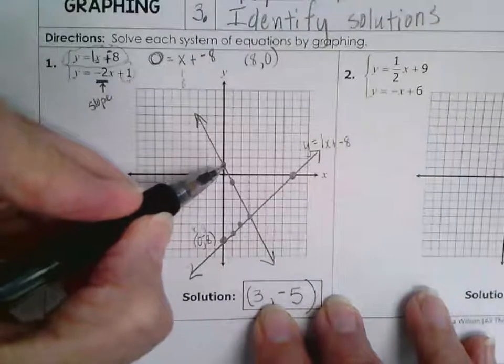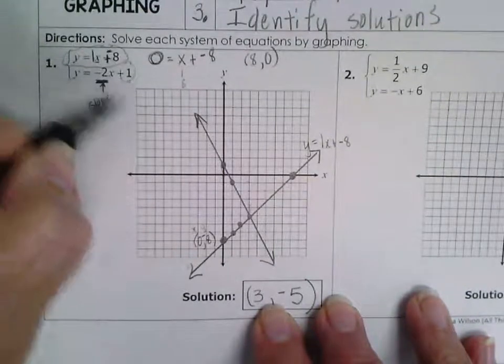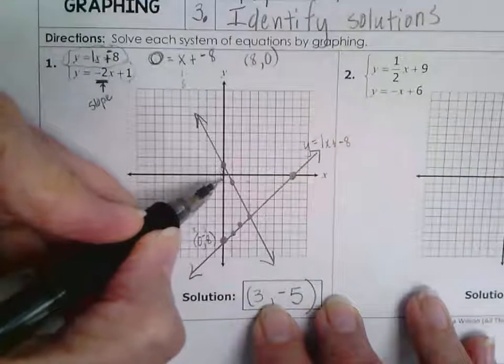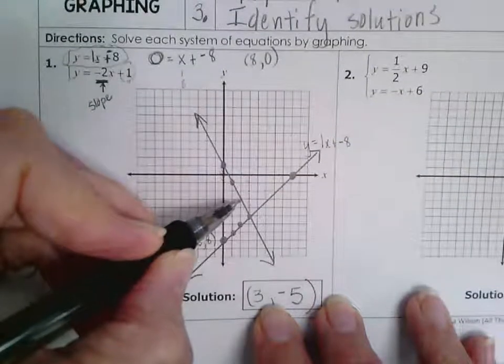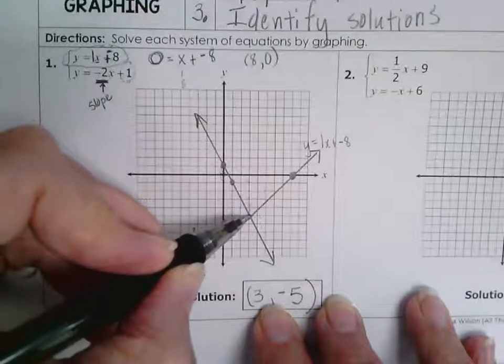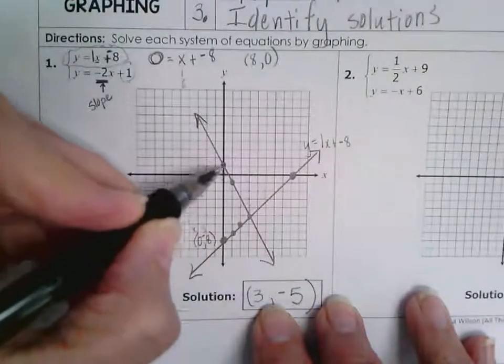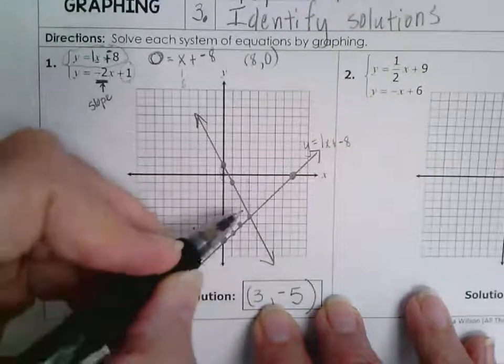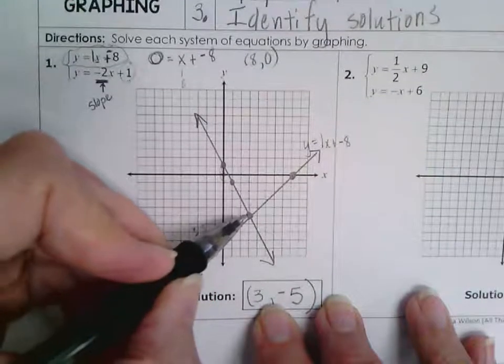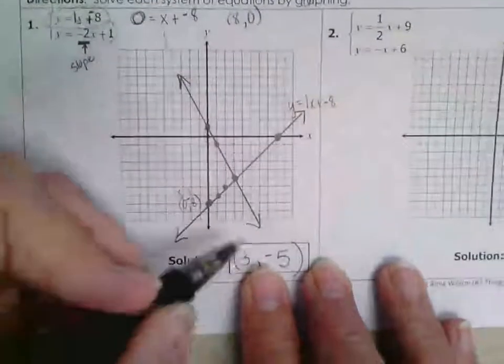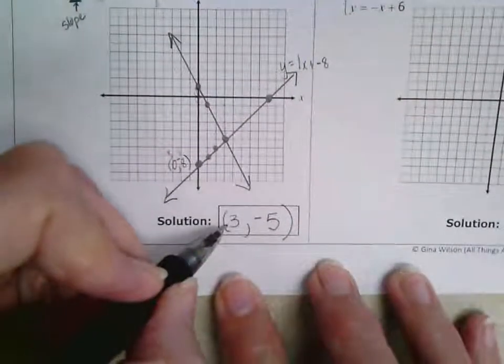So there is that. And then we use the slope. We went down 2 and over 1, down 2, over 1, down 2, over 1. And when we had 2 points, we were able to connect. And so we saw that the intersection was right here, and that point is our solution.